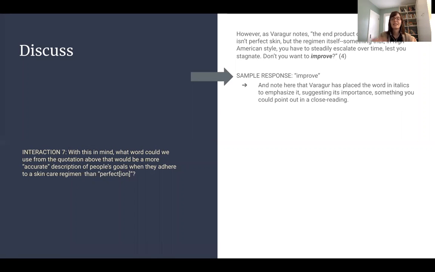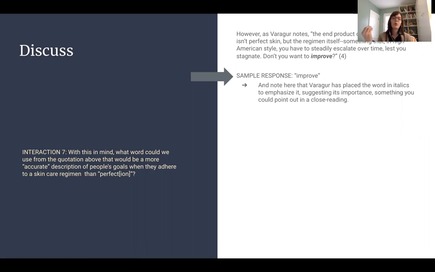Because this is the only time that Vargar uses High American Style, which is the first key term in our prompt for essay 3, I'm imagining that this quotation is going to show up in everyone's final draft of essay 3. So we are definitely close reading the heck out of this thing, giving you all kinds of options for how you could incorporate it into a body paragraph.